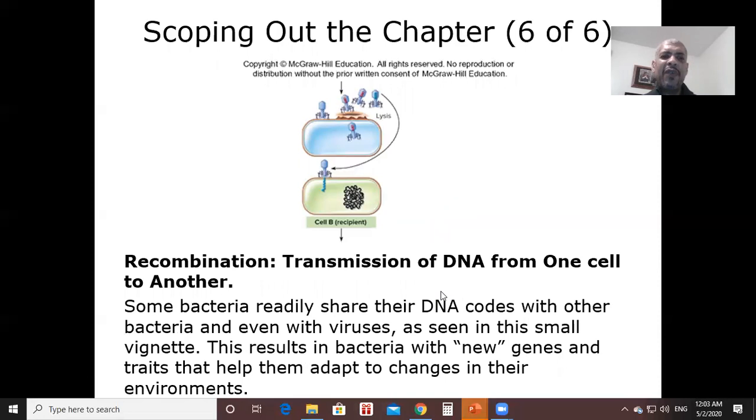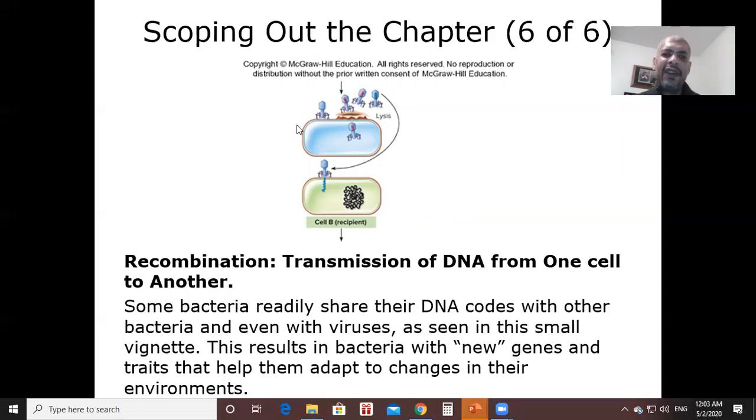Then we're going to talk about recombination. That's transmission of DNA from one cell to another. Some bacteria readily share their DNA codes with other bacteria and even share it with some viruses, as seen in this small vignette here. This results in bacteria with new genes and traits that help them adapt to changes in their environment.